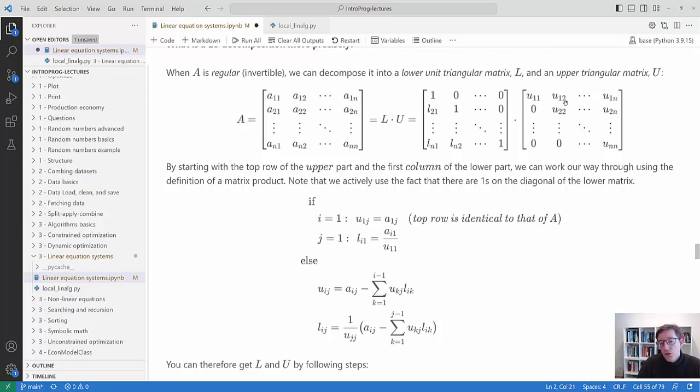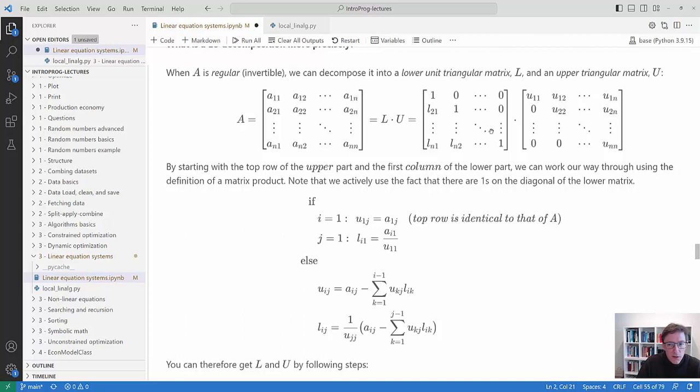And then you can deduce through this algorithm that I've written down here what all the numbers should be. Again, if you want to understand it in detail, have a look at the math here, and then you can see how that can be done.